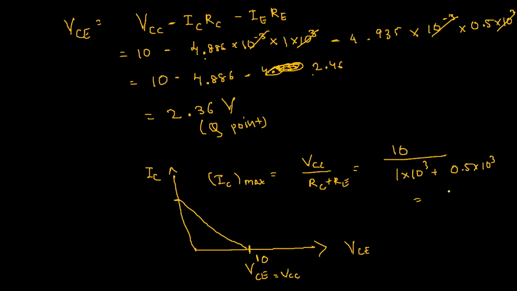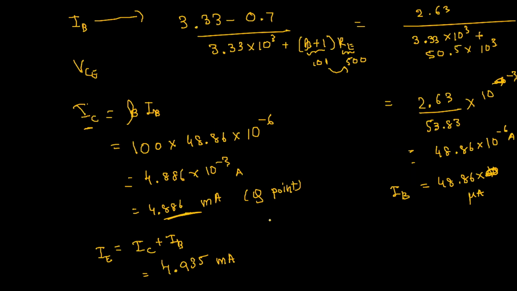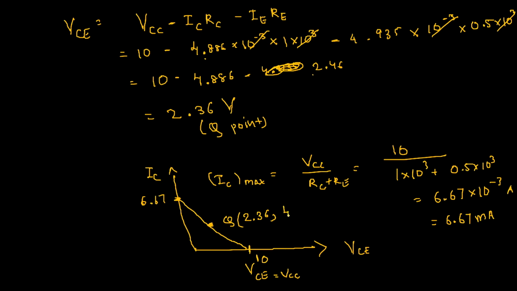So this gives me 6.67 into 10 to the power minus 3 ampere, which is 6.67 milliampere. So this intercept is 6.67 and the Q point is VCE 2.36 and IC 4.886. This is how we draw the load line for this particular expression.